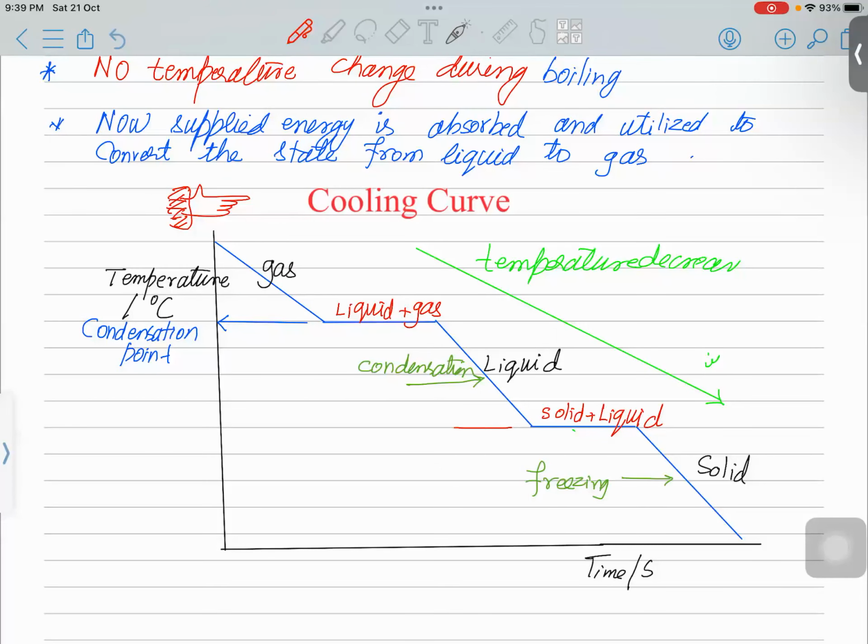Can anyone tell me the name of this process or this point? Freezing point. Very good. This is called freezing point.